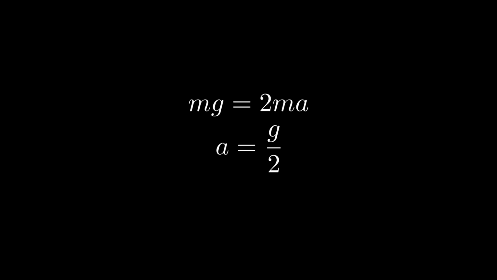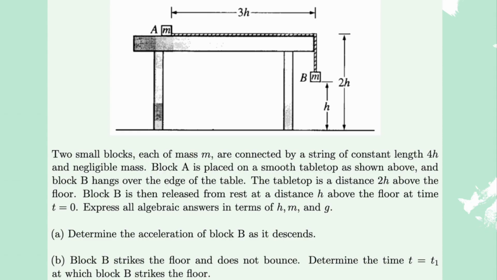Now part B says that block B strikes the floor and does not bounce, and then we want to determine the time t at which block B strikes the floor. Well, let's think about this. We know that block B will displace a distance of h downward. Its initial velocity will be 0 since everything is released at rest. And we know that the acceleration is g over 2.